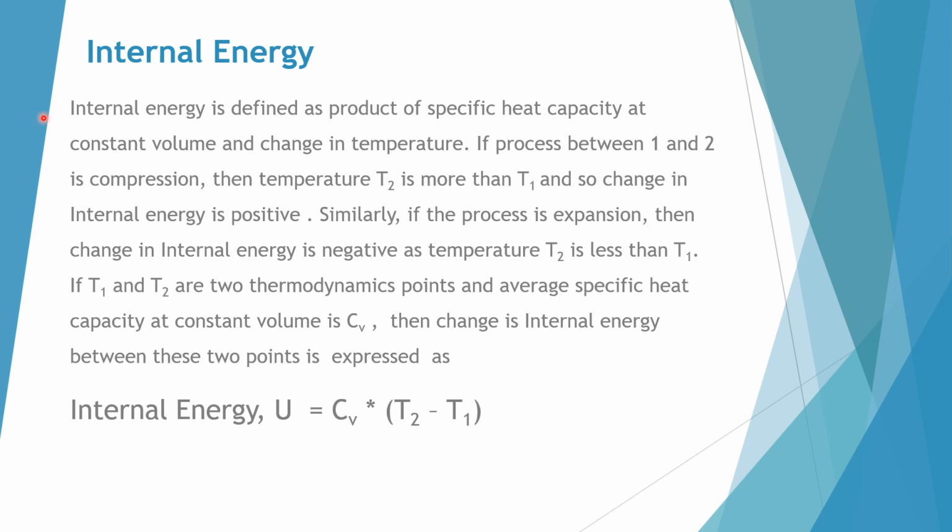Similarly, for the process expansion, change in the internal energy would be negative as T2 is lesser than T1. If T1, T2 are two thermodynamic points and average heat capacity at constant volume is CV, then change in internal energy between these two points is expressed as ΔU equals CV into (T2 minus T1).